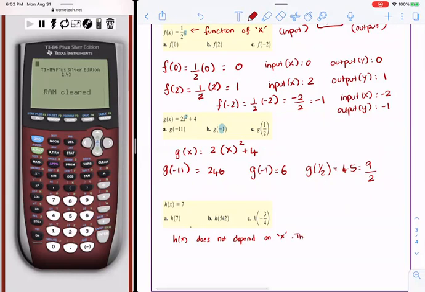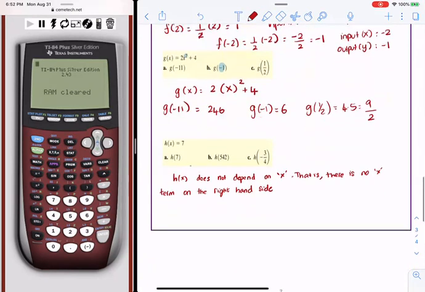That is, there is no x term on the right-hand side. So no matter what value of x you plug in, h is not going to change.